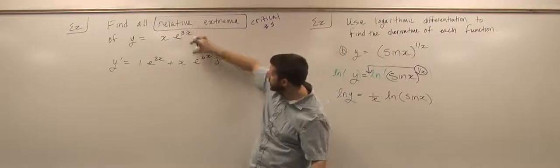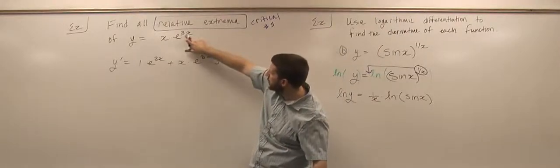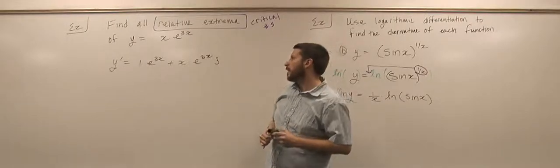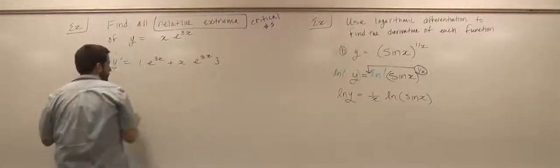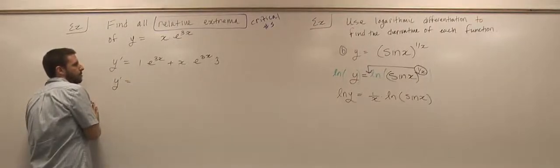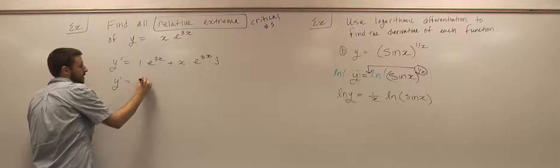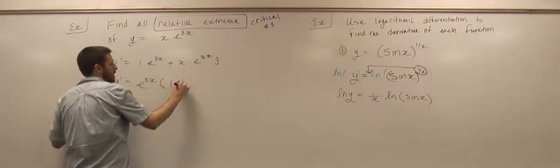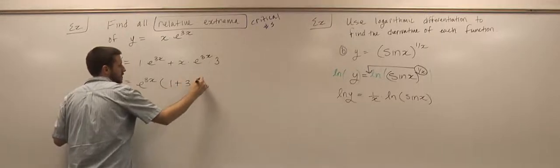The inside's more complicated than x, so you have a chain. And let's clean this up a little bit. What can I do? Yeah, factor out that e to the 3x, and you get 1 plus 3x.